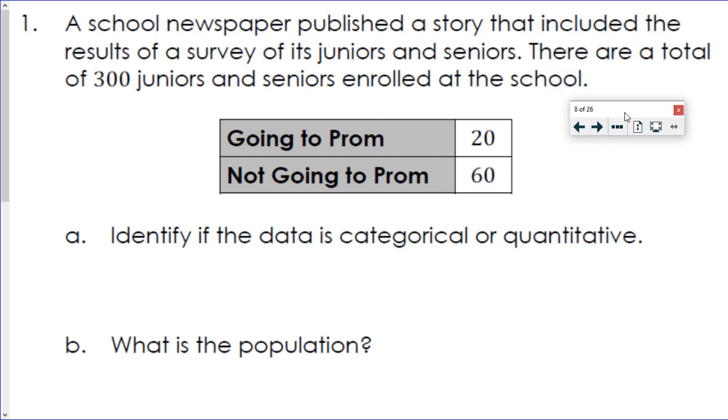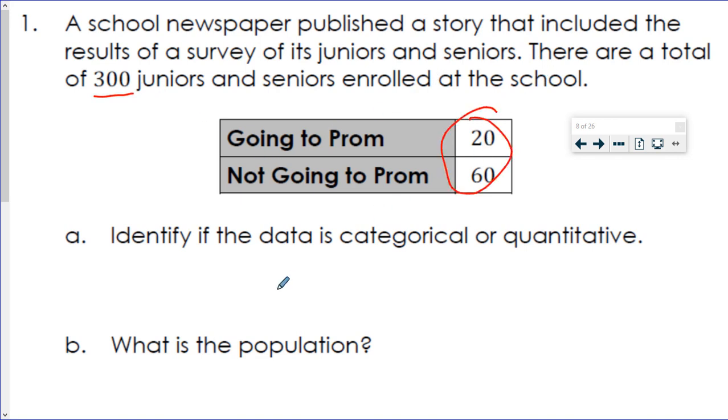A school newspaper, one more here. A school newspaper published a story that included the results of a survey of its juniors and seniors. There are a total of 300 juniors and seniors enrolled at the school. So figure out, let's see how many people they talked to here. All right. So they talked to 80 people. First, we want to identify if this data is categorical or quantitative.